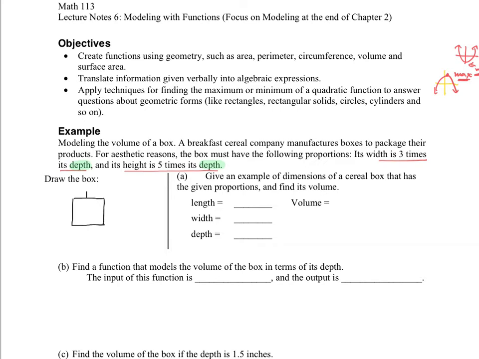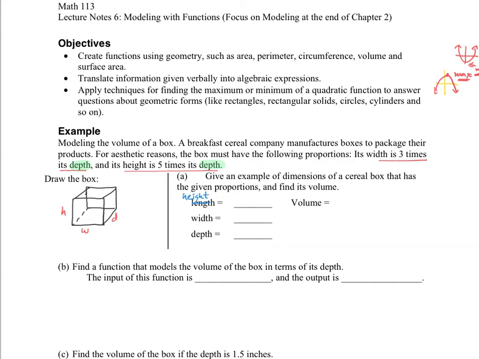Just to illustrate the point, the box could look like this. Here we have, this is the height, this is the width, this is the depth. Okay, this should be the height, not the length.